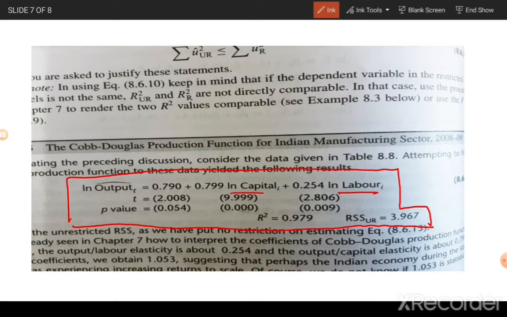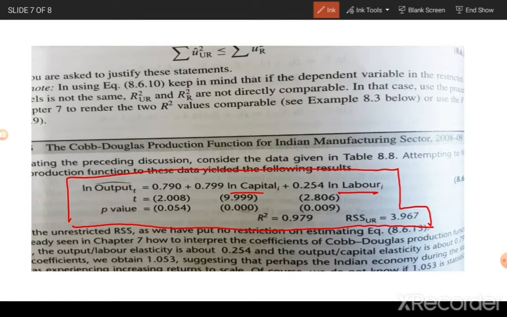So the t values are shown, and the p values for each of these coefficients are also shown. Based on the p values, you can see that the coefficient of capital is very, very significant. Even at 5% level of significance, the coefficient of log labor is quite significant, and so on.